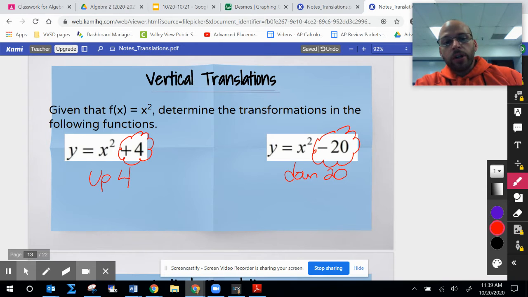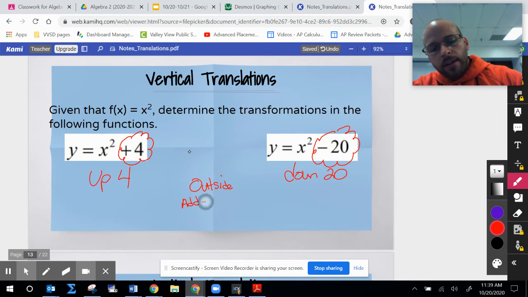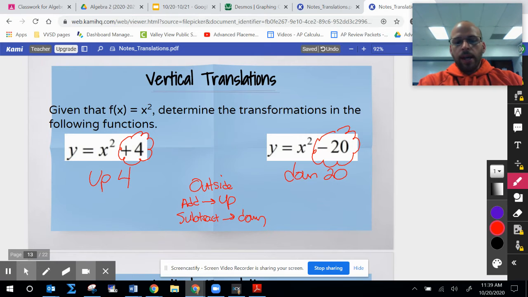So when we're dealing with vertical translations, again, these are on the outside of the parentheses, or not in parentheses at all. If you add, it's going to go up. If you subtract, it's going to go down. Okay, so that's how I know which direction it's going to go.